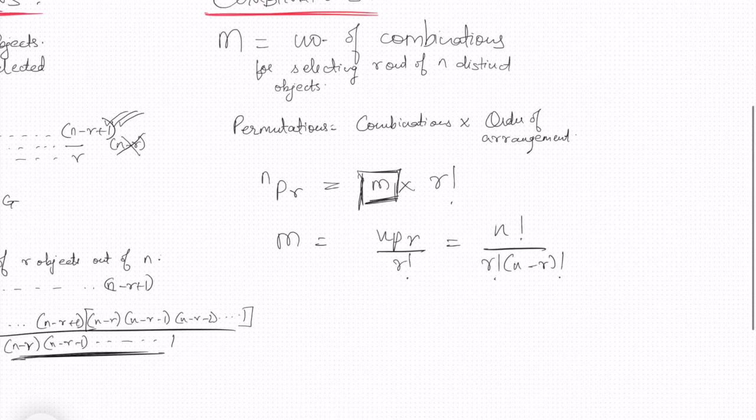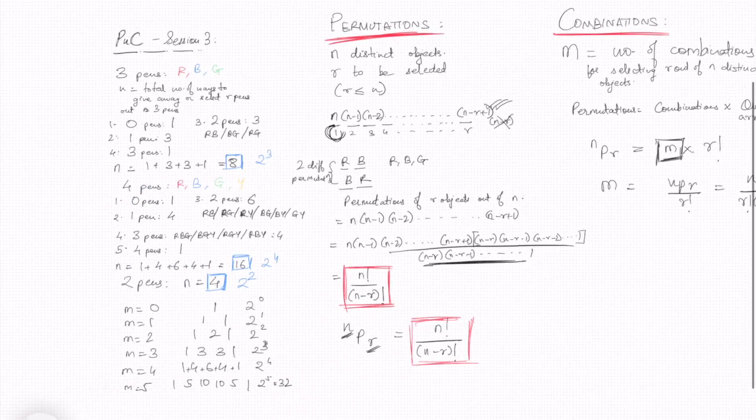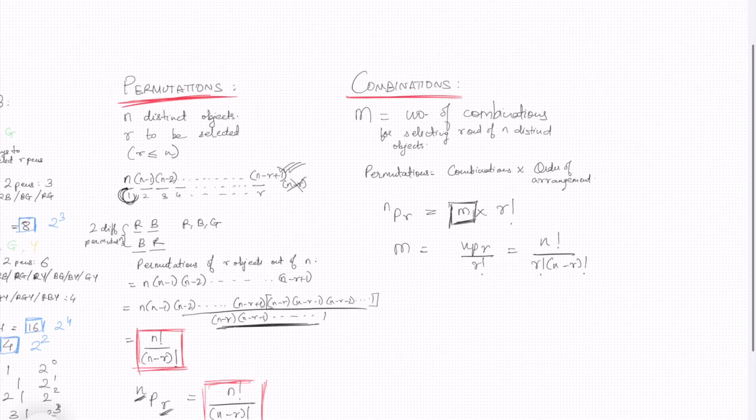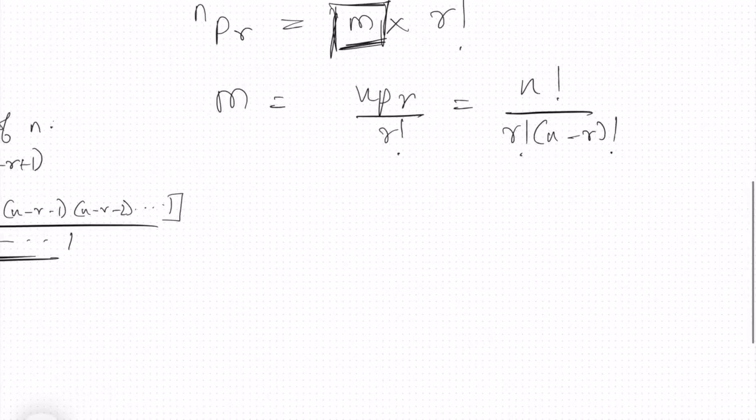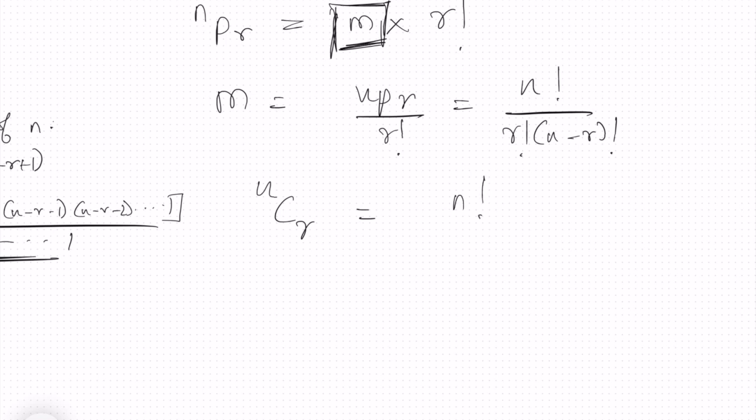And this is the second and most common result of permutations and combinations. We denote this number, the number of ways of selecting r out of n objects, or the number of combinations of r out of n objects, as nCr, equal to n factorial by r factorial into n minus r factorial.